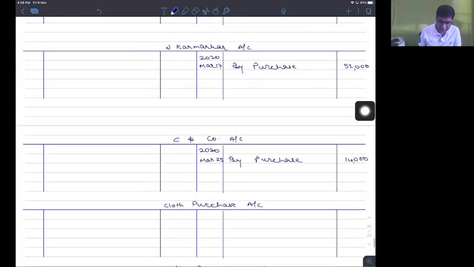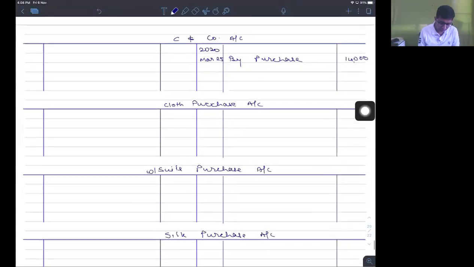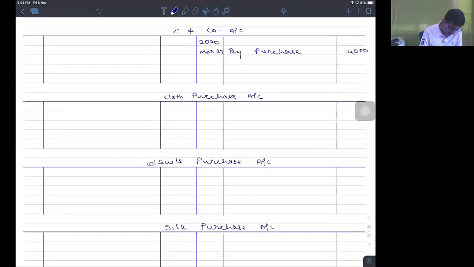Now let me come to the debit side, the debit posting effect. So plot purchase account, debit side, 2020, March 31st, because we are doing the posting at the end of the month. To Sundries.